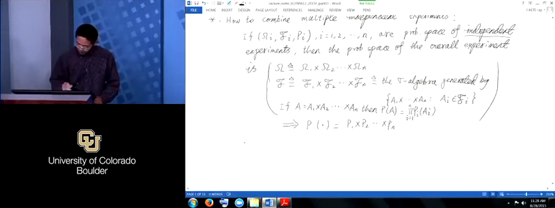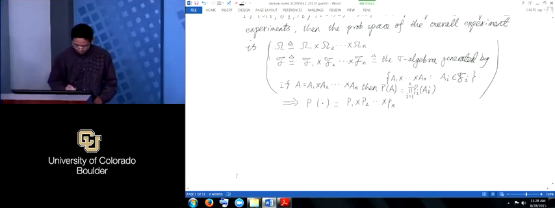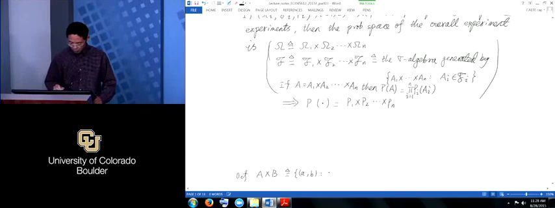Here is my definition of product of sets. Definition: A product B, where A and B are sets, is defined as the set of vectors (a, b) where a is in A and b is in B. So the product of two sets is a set of vectors.